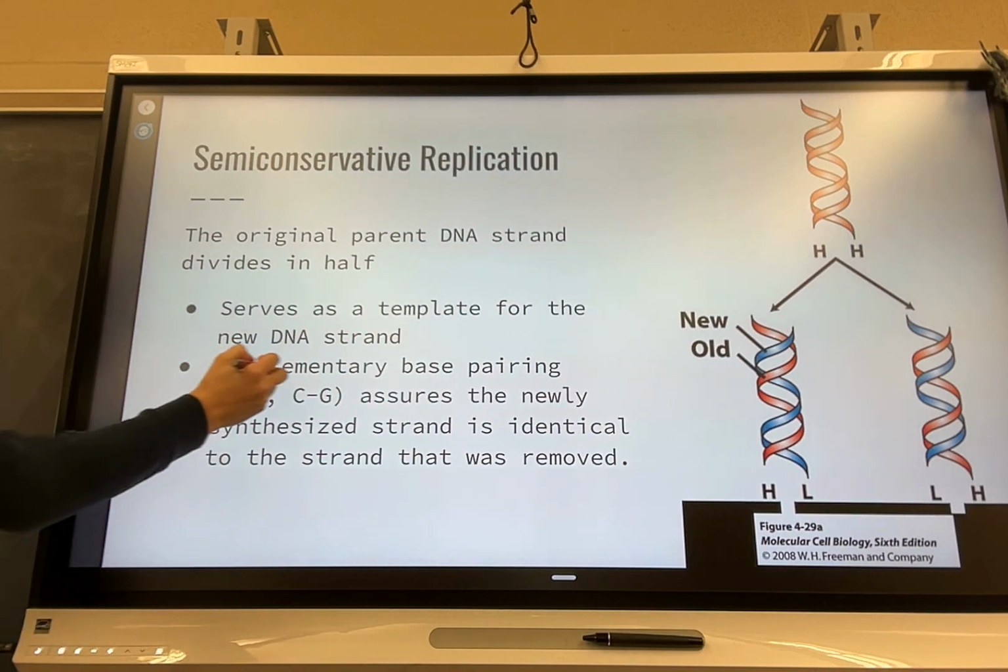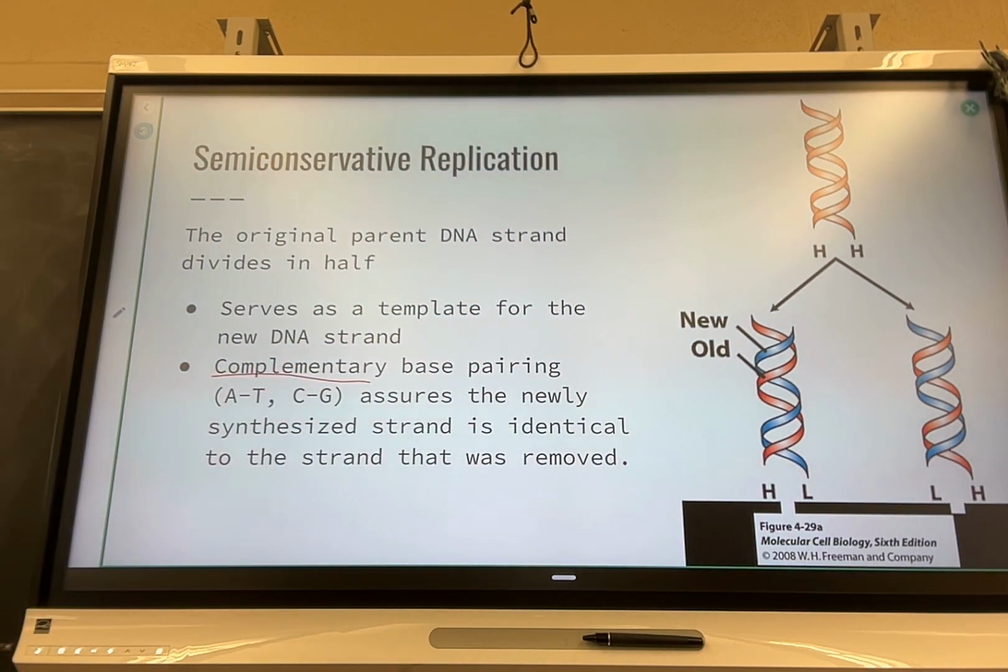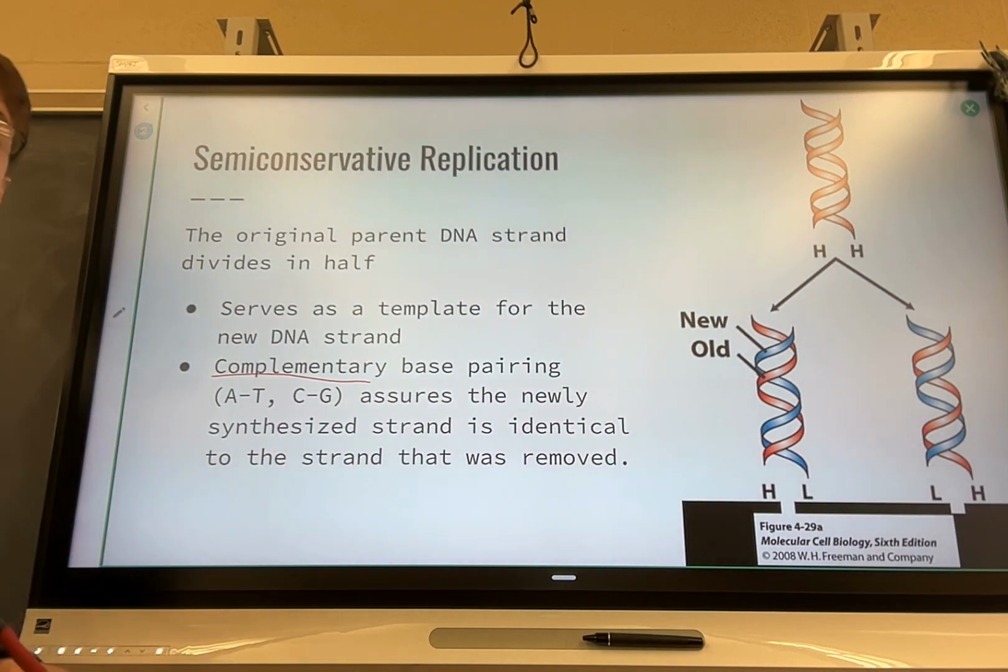And like I said, complementary base pairing is going to help control and assure that the newly made strand is going to be identical to the one that got removed. Complementary, doesn't that mean like the two angles add up to 90 degrees? Yes.